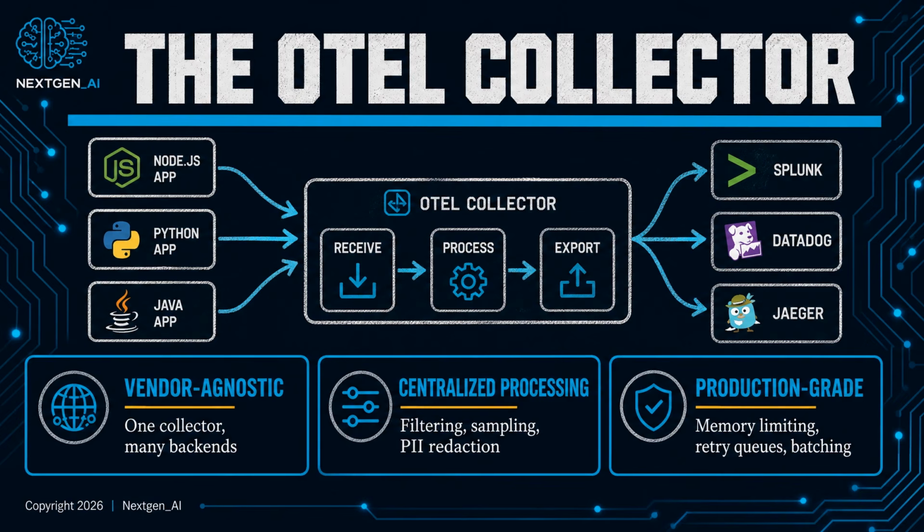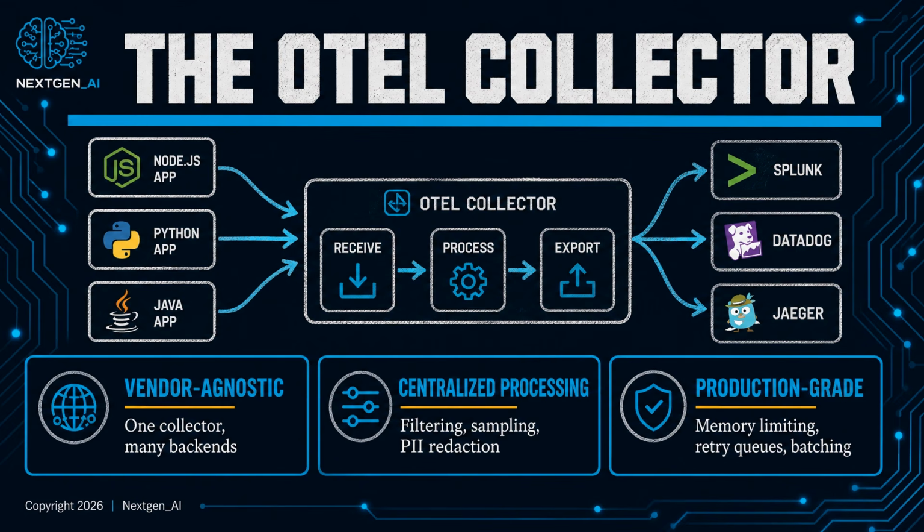While you could configure your applications to send telemetry directly to Splunk or Datadog, doing so creates a brittle, tightly coupled architecture. The collector acts as a vendor-agnostic proxy and processing engine that sits between your applications and your analytics backends. It is built on a pipeline architecture consisting of three main components: receivers, processors, and exporters.